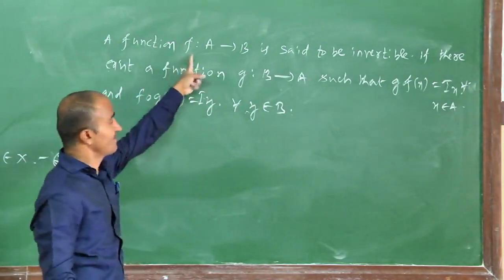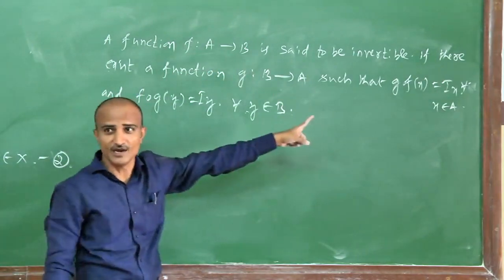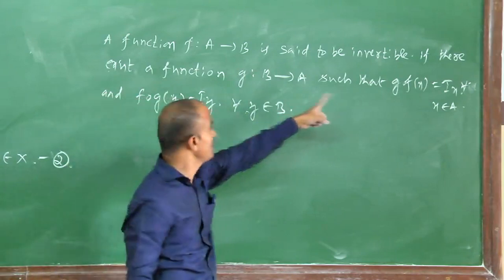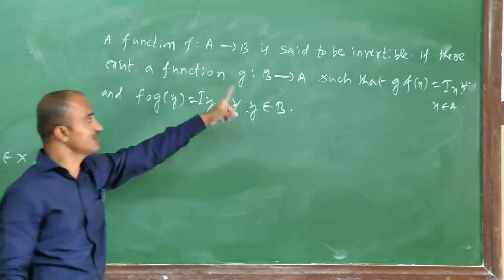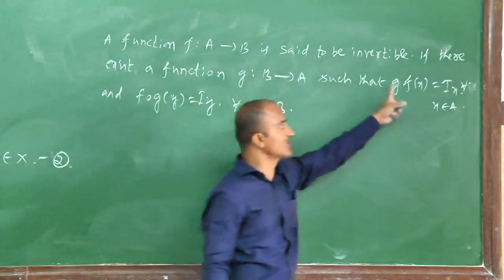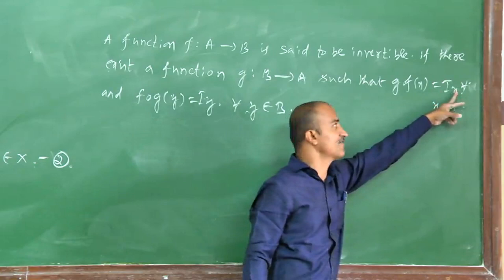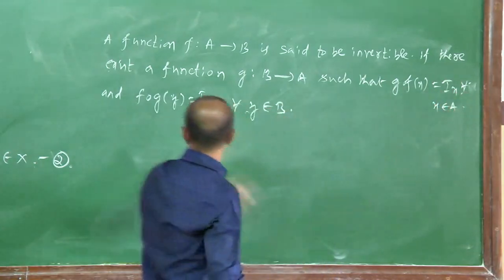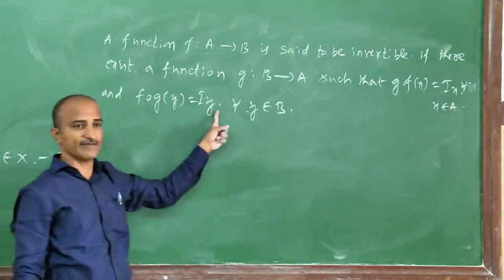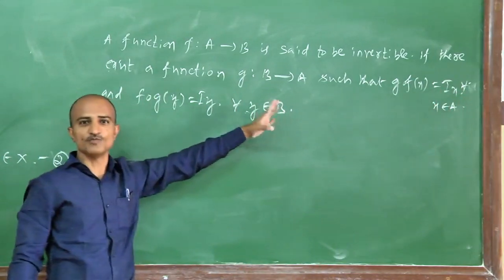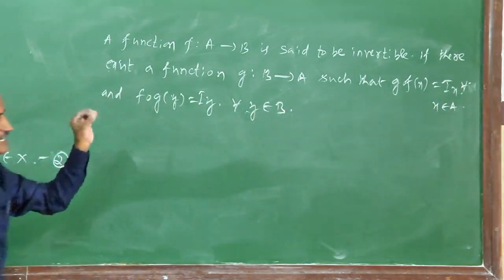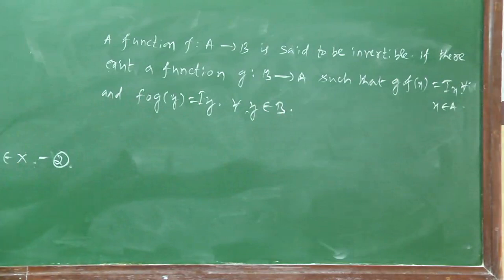A function f from A to B is said to be invertible if there exists a function g from B to A such that g∘f of x is I of x, that is x only, for all x belongs to A, and f∘g of y equals I of y for all y belongs to B. Then only we will say that the function is invertible, which means a function is invertible implies that f is 1 to 1 and onto.